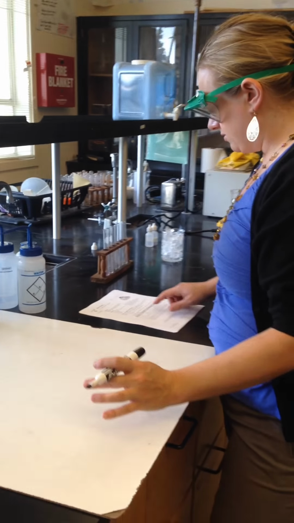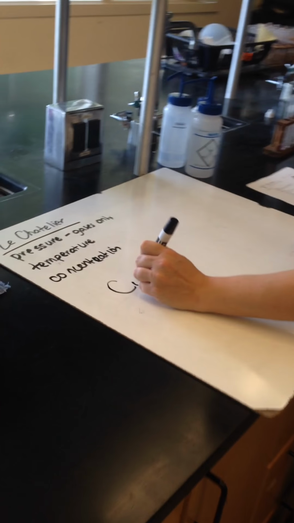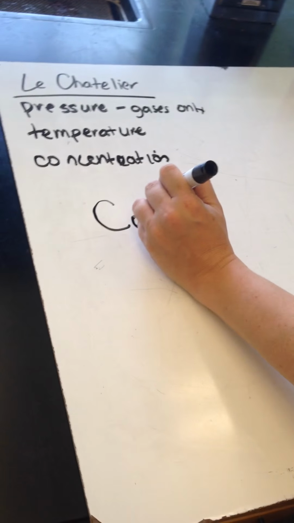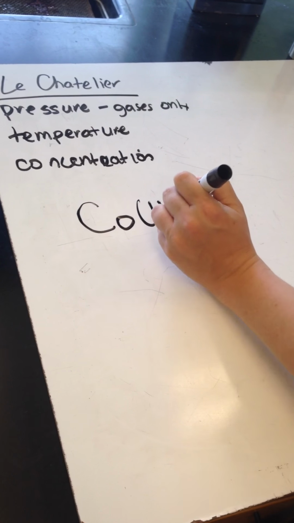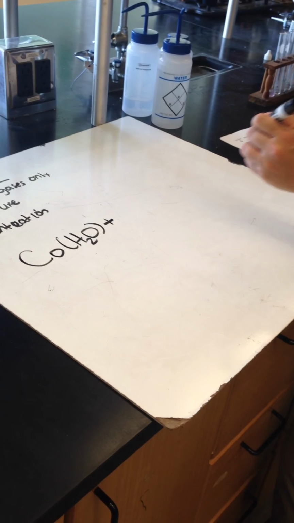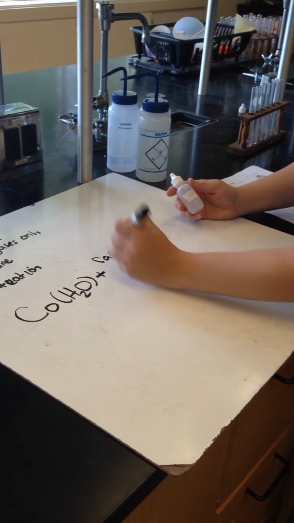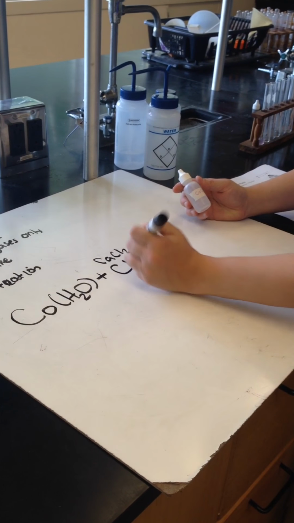Okay, so in today's lab, we're going to experiment with cobalt, which is going to be dissolved in water. So I have the cobalt here, dissolved in water. We're going to react it with calcium chloride, and that's going to give us extra chlorine.